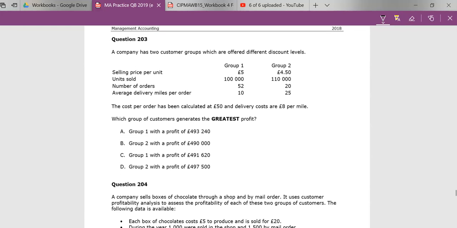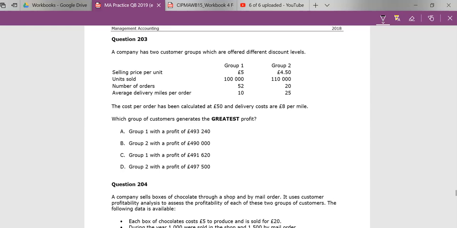Question 203. Now I have two groups, exactly the same thing; nothing is changing in the process. Again, I've been given the cost per order and delivery miles per order. I'll do group one first. I want to know which gives us the greatest profit.